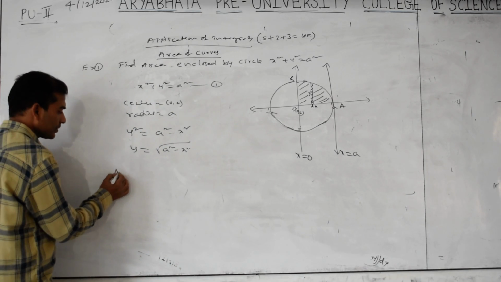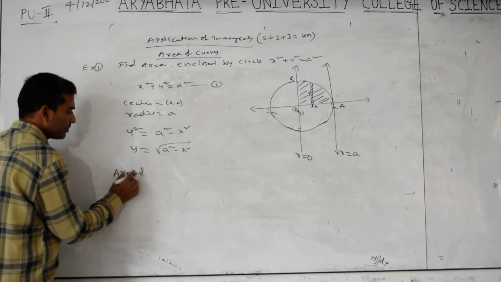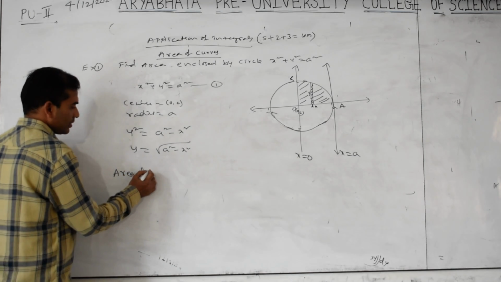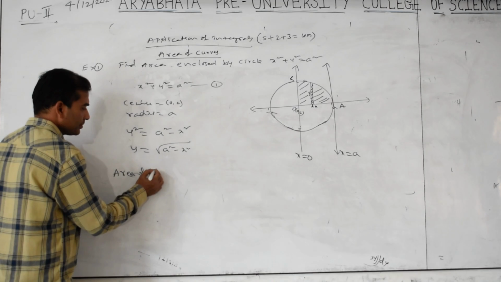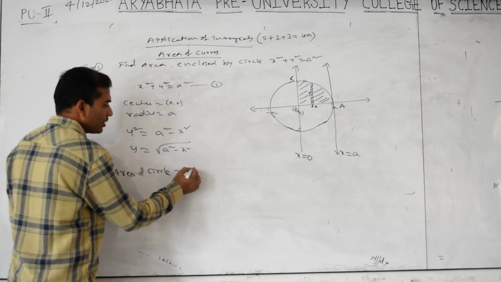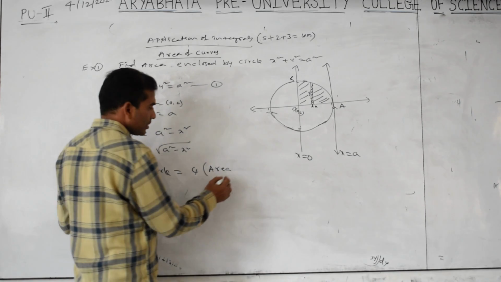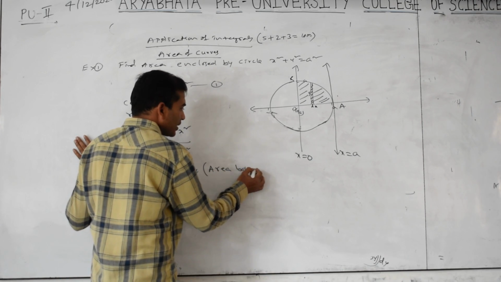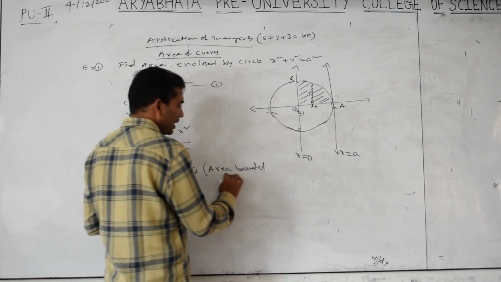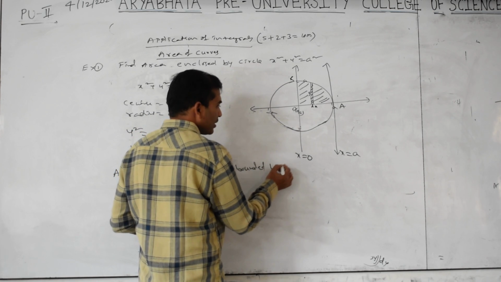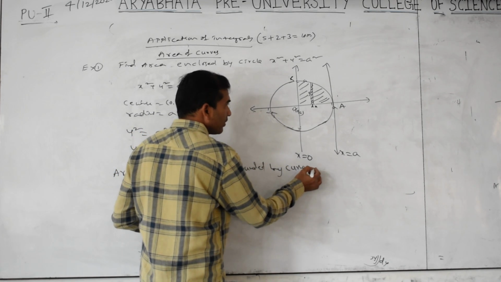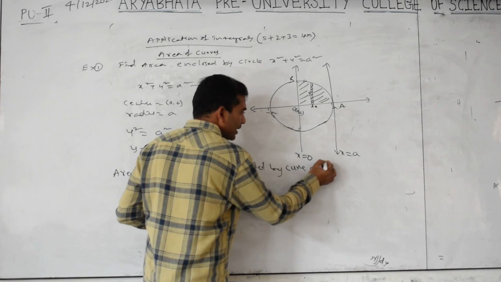Now, area of the circle equals 4 into the area bounded by the curve OAB.